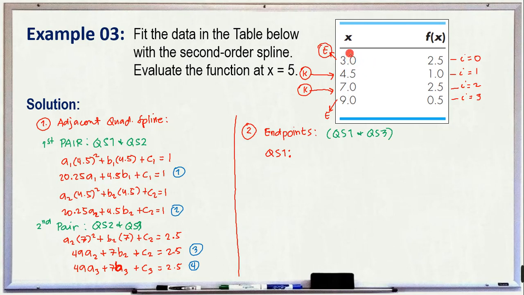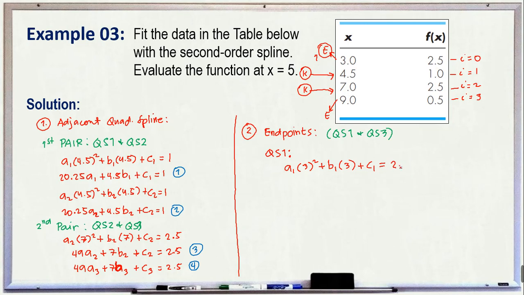So, mao ni atong i-substitute sa iyang x, mao pa ni sa iyang y. So, for quadratic spline number 1, ayan notation kay a sub 1, but iyahang x is ang endpoint which is 3. 3 squared plus b sub 1 times x, 3 gihapon, plus c sub 1 is equal to, unsa may y sa first nga endpoint, mao ni ang first nga endpoint, 2.5.